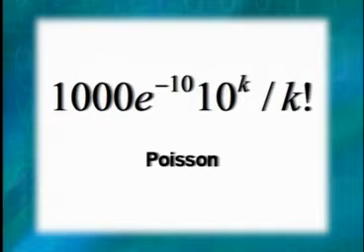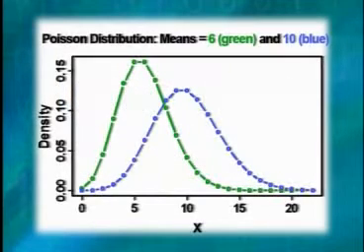So once again, you have a related shape. This one is the shape for an average of 6 cars per minute, and this is the shape for 10 cars per minute.